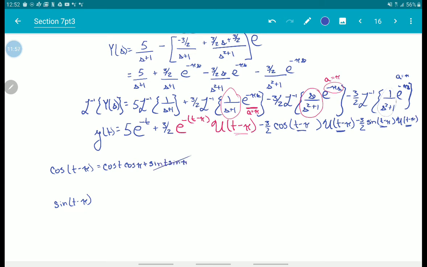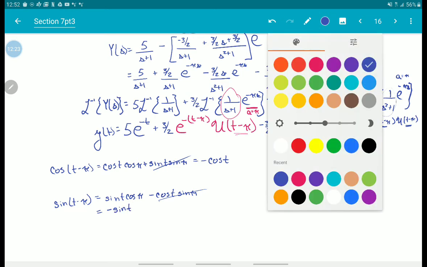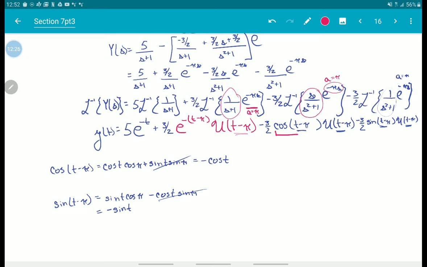Sine of pi is 0, cosine of pi is negative 1, so that's negative cosine of t. Sine of t minus pi is sine of t cosine of pi minus cosine of t sine of pi. Sine of pi is 0. Cosine of pi is negative 1. This is negative sine of t. So we're going to make that substitution, for this guy and for that guy.